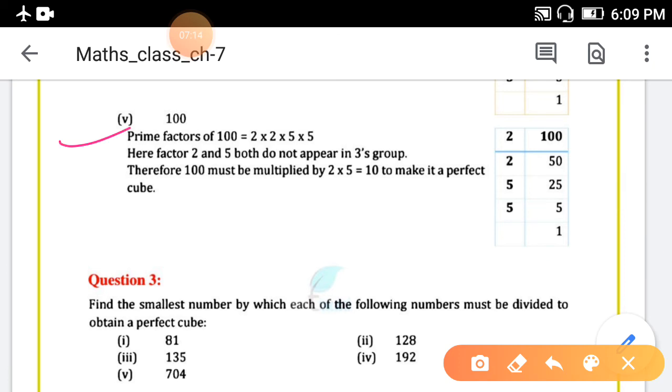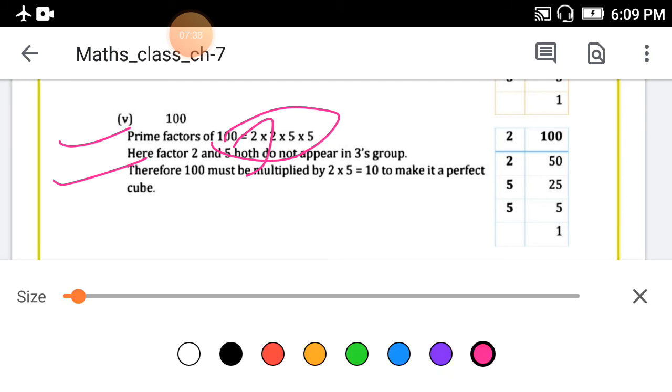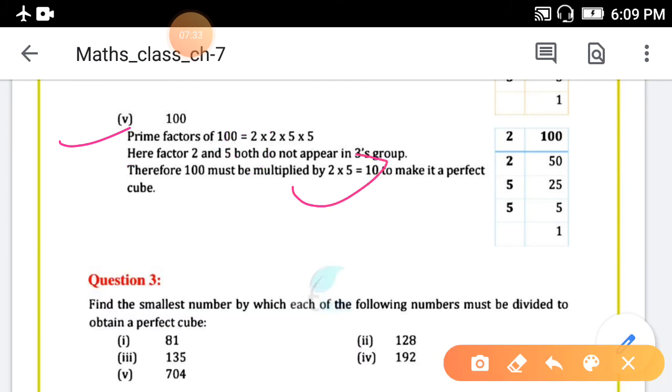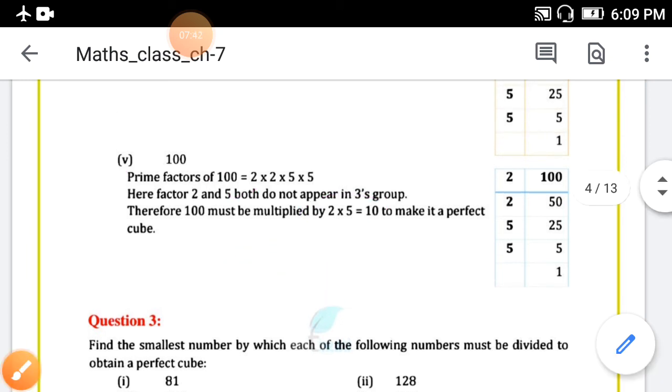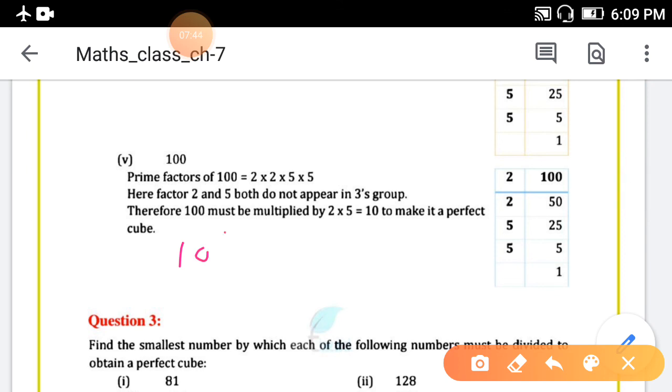100. Here are the prime factors. So here in the first and second group, factors 2 and 5 both do not appear in 3s groups. Both the first group and the second group. So 100 must be multiplied by 2 and 5. First you multiply by 2, that is 100 into 2, so you will get 200.